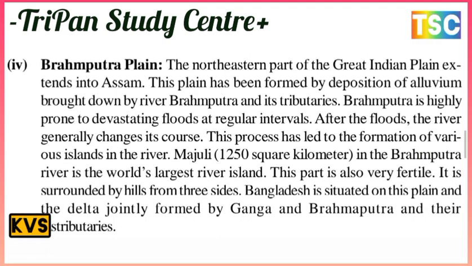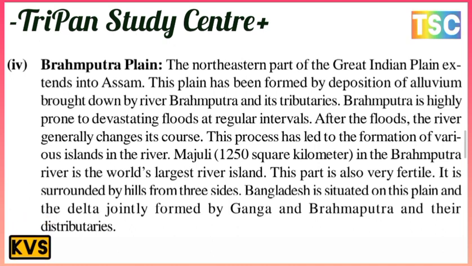The next is the Brahmaputra Plain. This is the northeastern part of the Great Indian Plain, extending into Assam. This plain has been formed by the deposition of sediments laid down by the river Brahmaputra and its tributaries. The Brahmaputra's diverse streams flood at regular intervals.